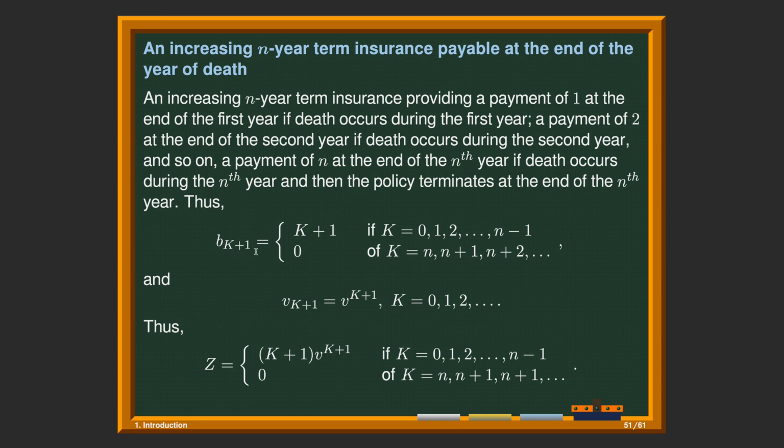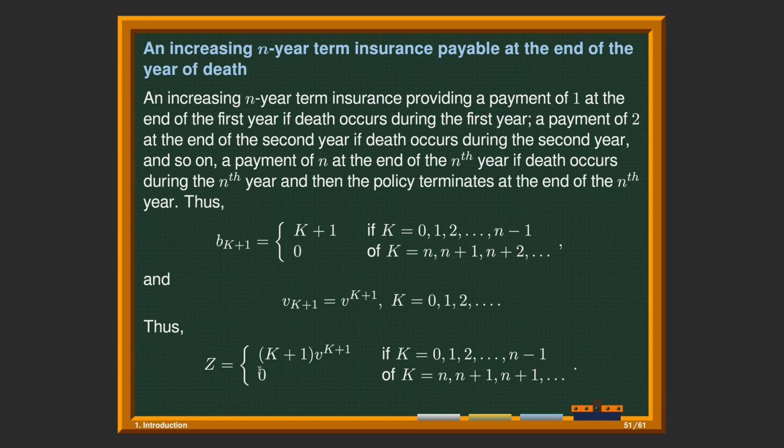So the benefit function b sub k plus 1 is k plus 1 only when k is 0, 1, 2 up to n minus 1, and 0 when k is n, n plus 1, and so on. And the discount function is going to be v to the k plus 1, where k is 0, 1, and so on.